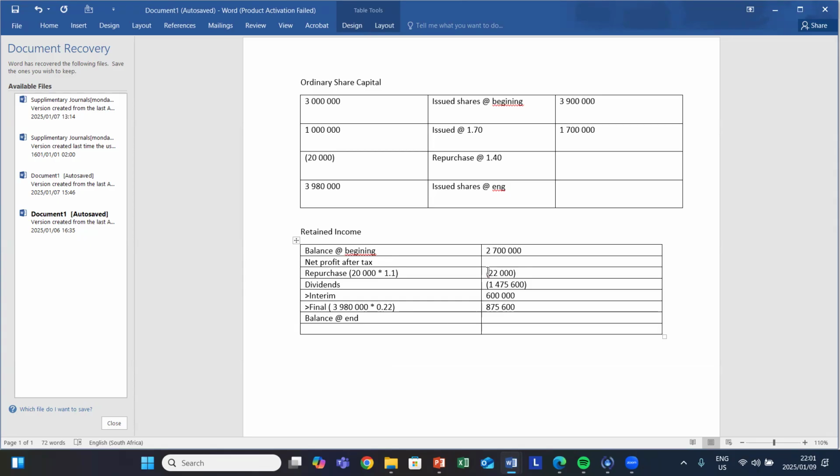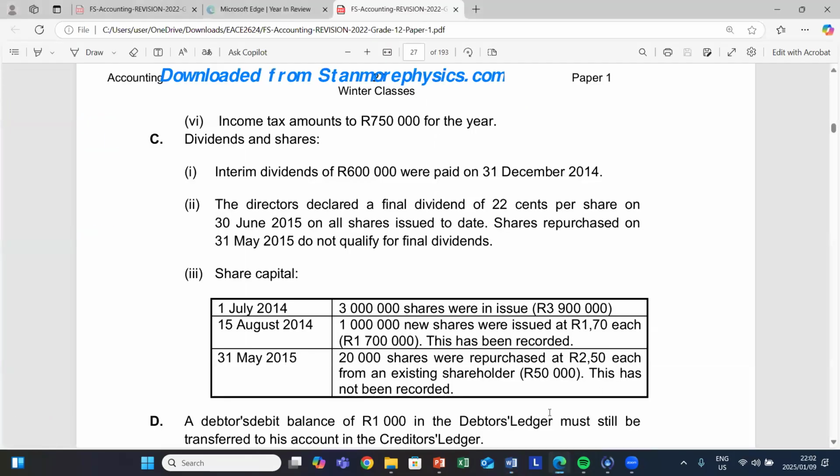And then we are left with our net profit after tax. So, let's go to our adjustment. In the above question, they require us to do a mini income statement whereby you have to rectify errors and omissions.